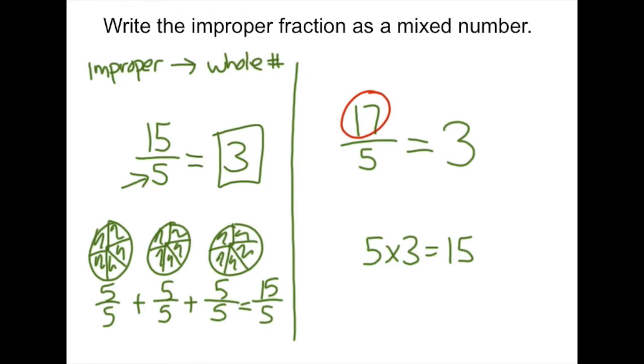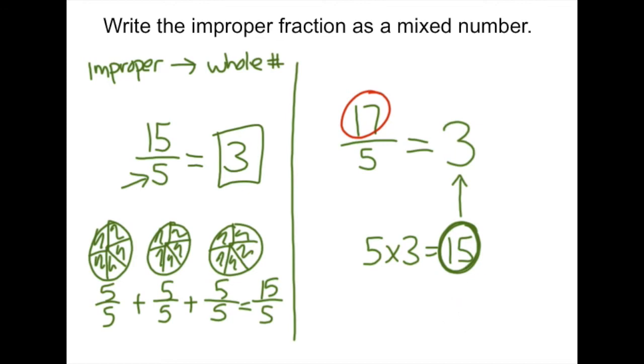So now I need to ask myself, I've taken 15 of those parts away. I started with 17 parts, as you can see circled in red. And in order to make 3 whole, I had to take these 15 parts away, and that's how I was able to write in my 3 whole. 15 parts, or 15 over 5, is the same as 3 whole.